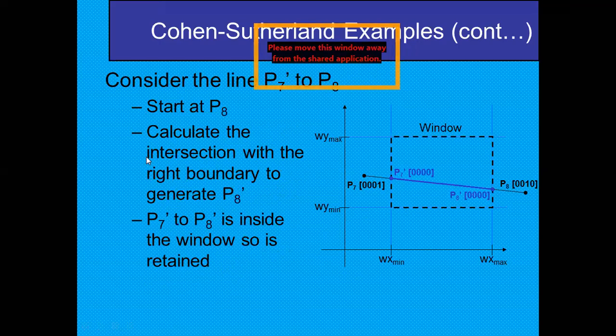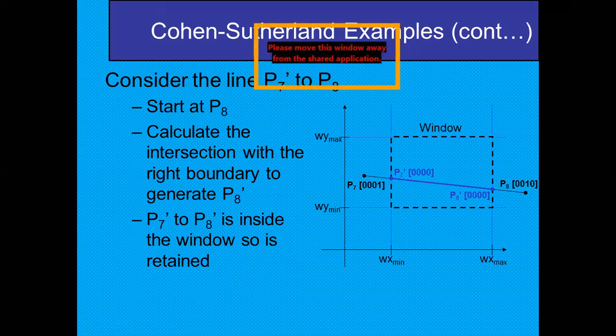Now consider the line P7 dash and P8. Here you can see the blue part will be retained. Start at P8 and calculate the intersection with the right boundary to generate P8 dash.